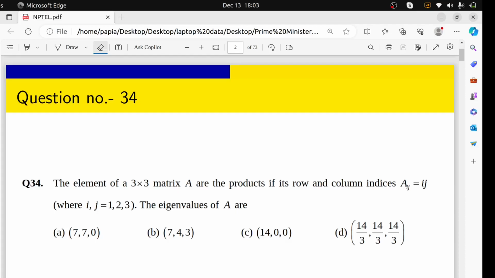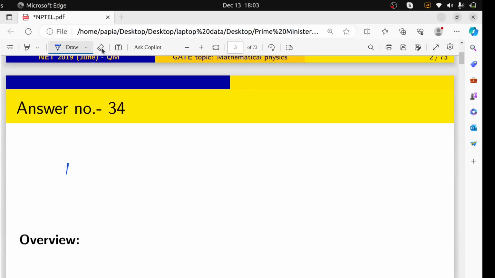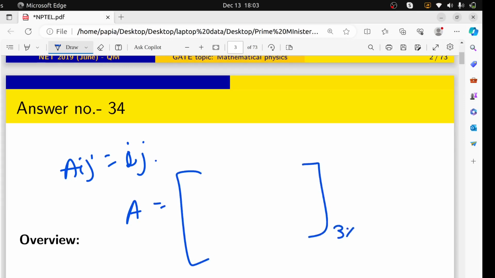It is written that the elements of the 3x3 matrix are the products of its row and column indices, Aij equals ij, right? So if I write Aij, it will simply be ij. What does this mean? It means our A is a 3x3 matrix, as already mentioned.